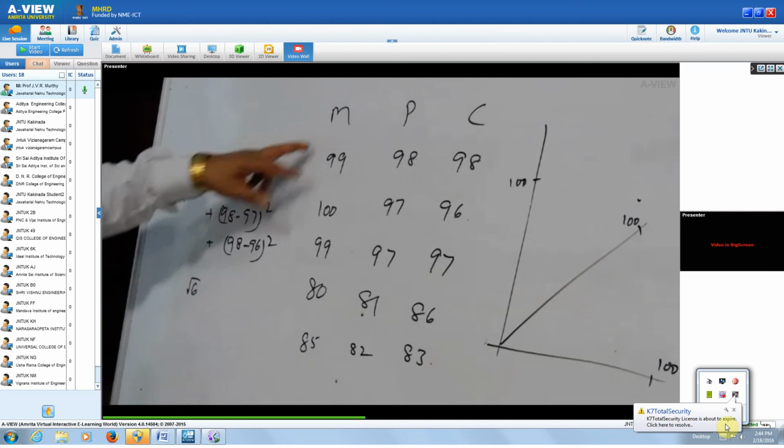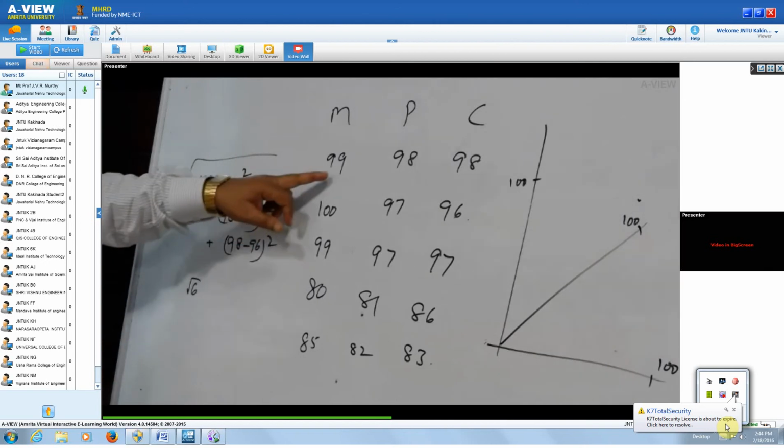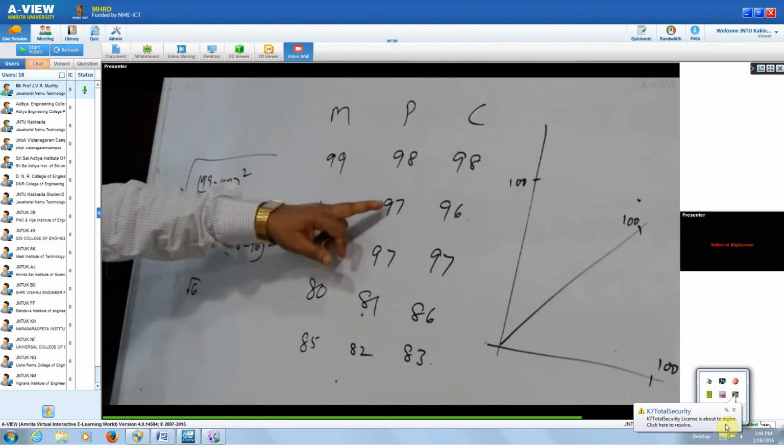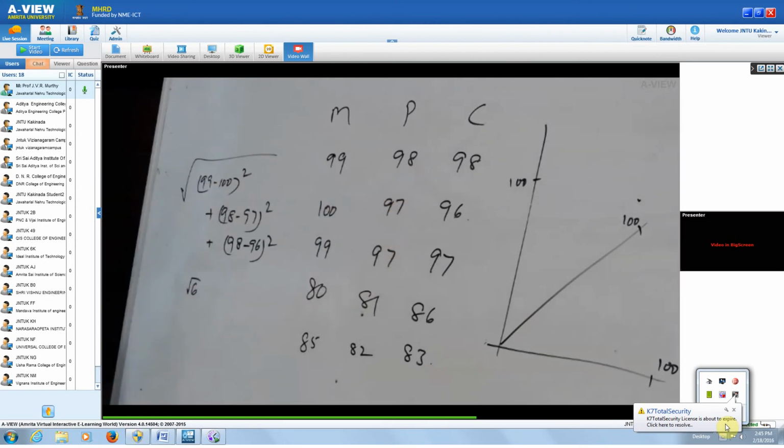So that is the distance between these 2 points. So this is 2 point something. So if you look at here, the distance is 1 point, here it is 1 point, and here it is 2 points.